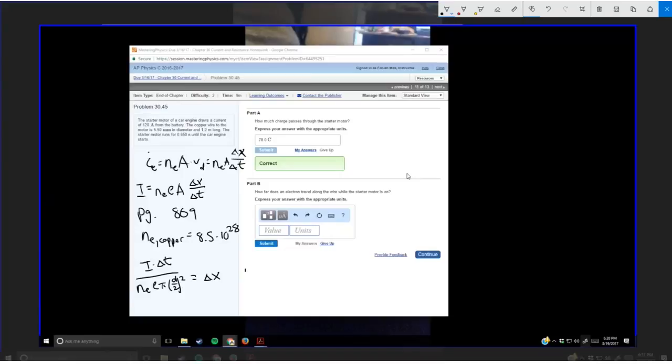So it's 120 amps times 0.65 seconds, divided by this electron density, 8.5 times 10 to the 28, times the charge of the electron, times pi, times this diameter, which is 5.5 millimeters, so 5.5 times 10 to the negative 3, squared.